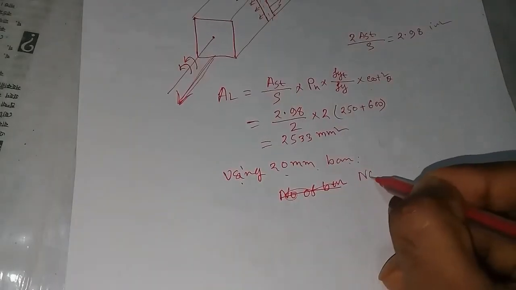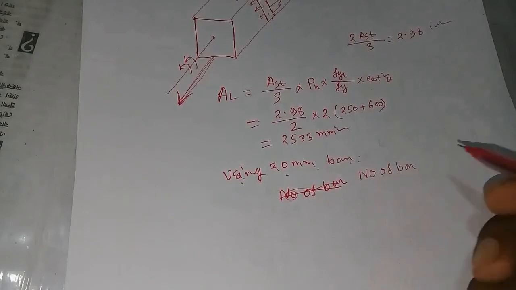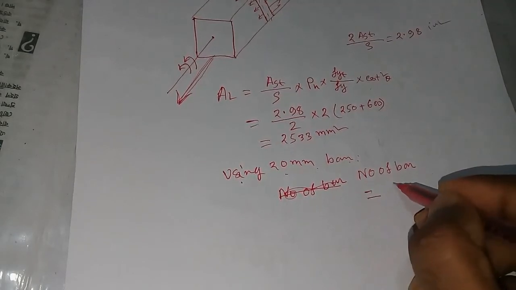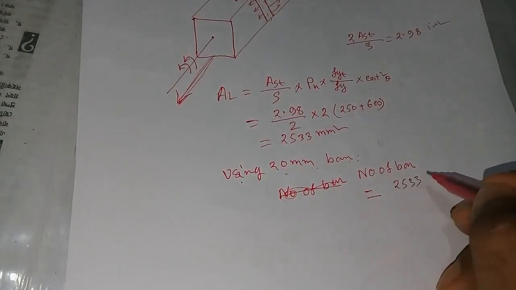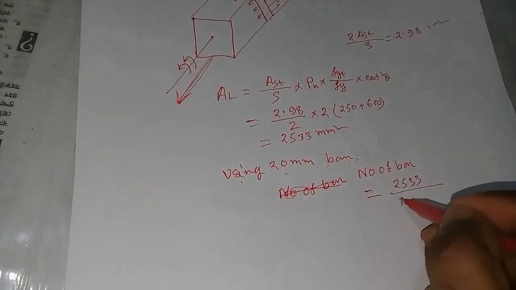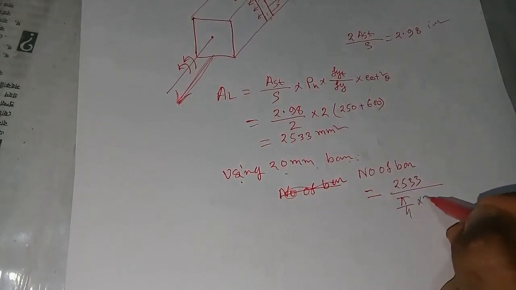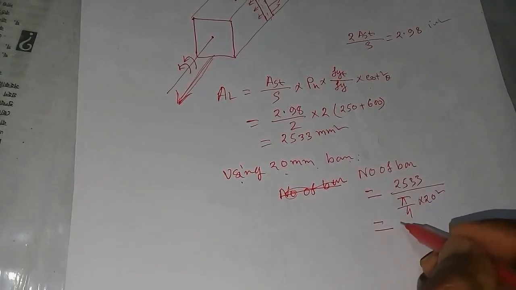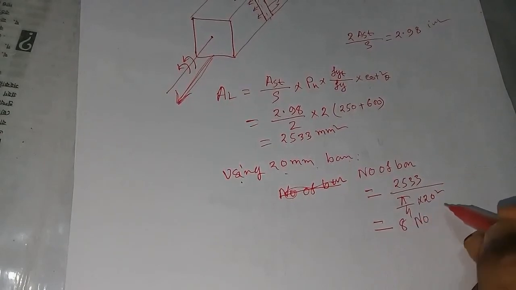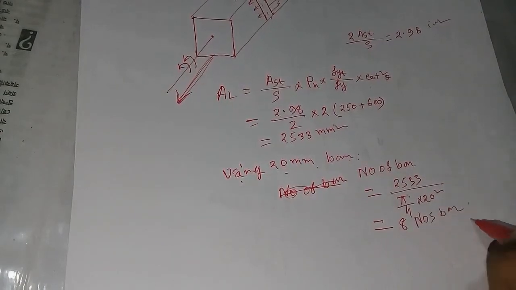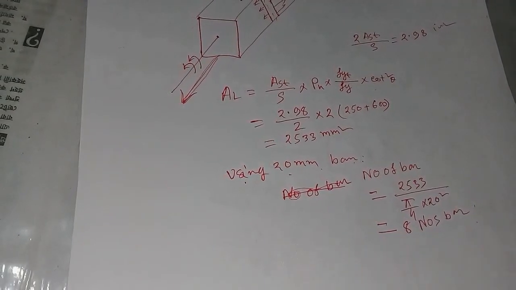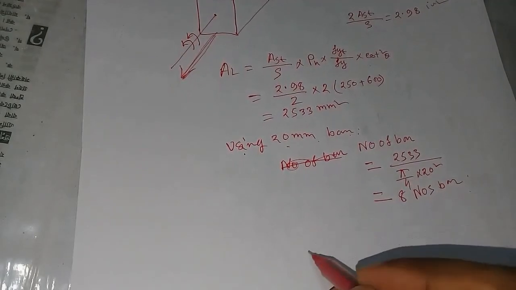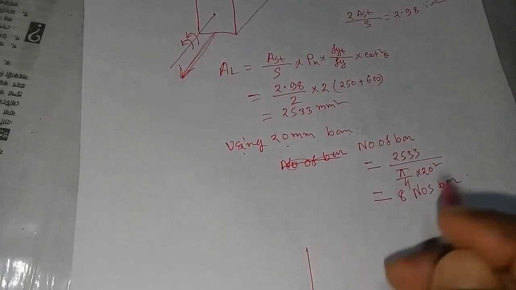And the number of bars is 2533 divided by pi by 4 into 20 square, approximately 8 bars. If you use two faces, 4 bars are required for each of the two sides.